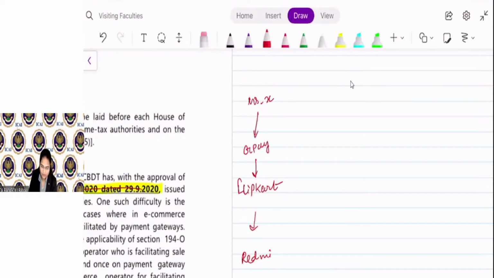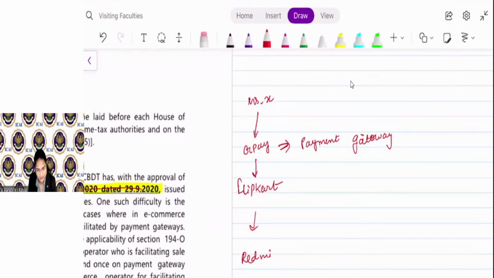Okay, so here the payment gateway, my dear friend, that provision is not applicable at all.